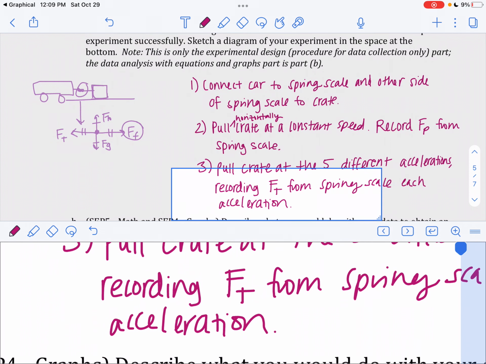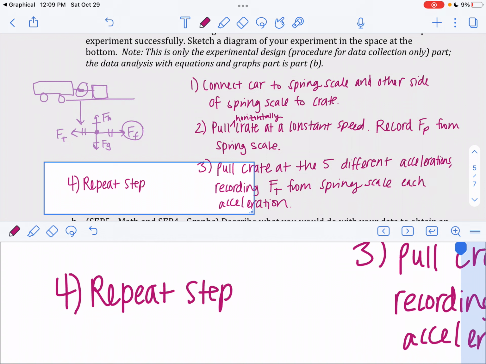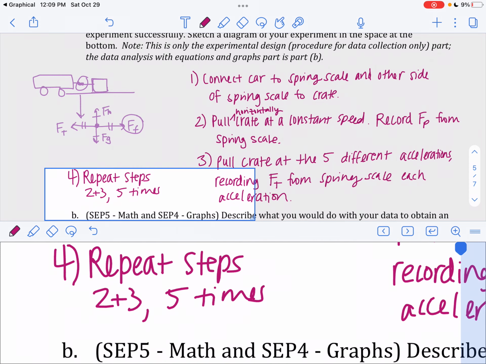And then as a final step, I'm probably going to want to repeat steps 2 and 3, maybe 5 times so that I can get some good data.